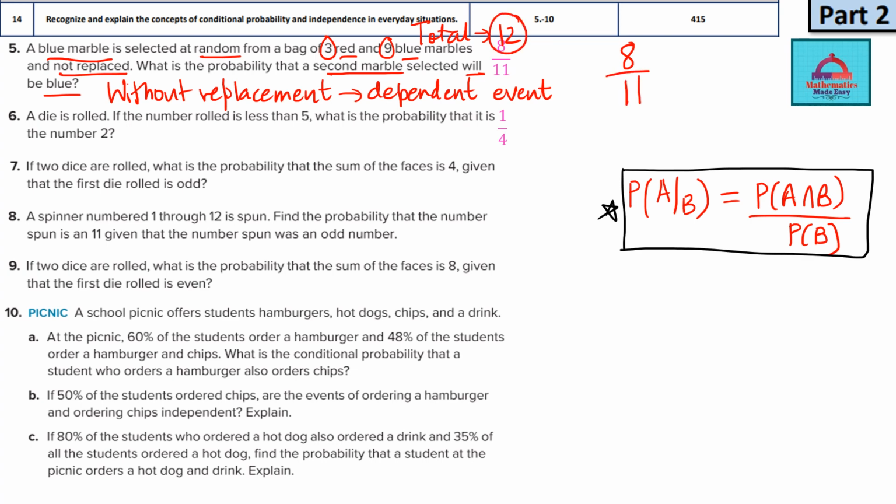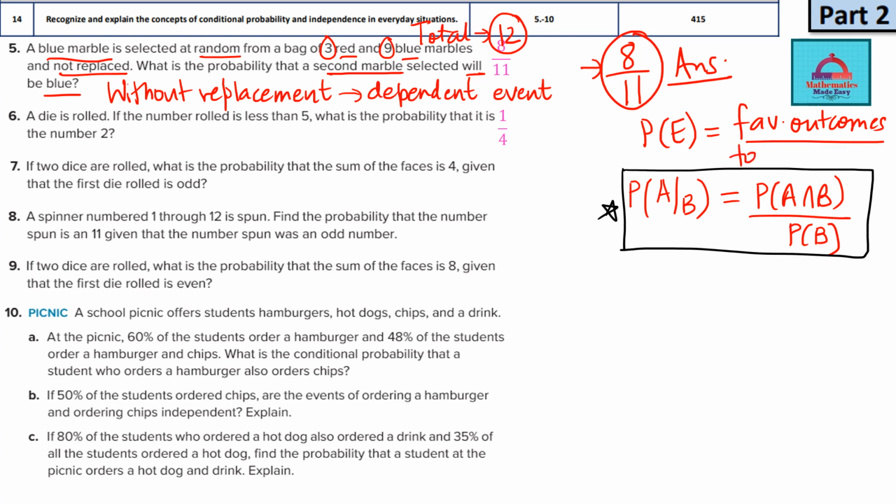So 8 over 11 is going to be the answer for this one, because if you remember, probability of an event is equal to favorable outcomes divided by total outcomes. So the favorable outcome for the second time blue coming is 8 over the total events which are left after the marble is not replaced, which is 11.